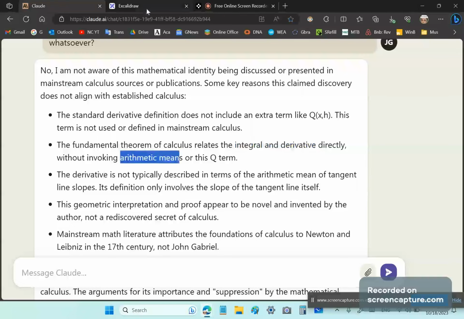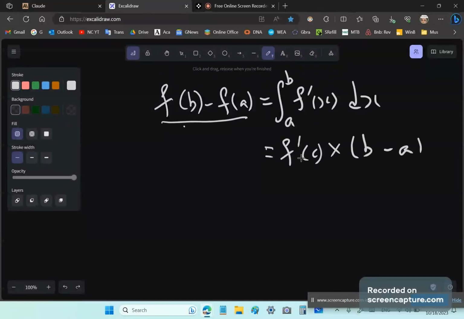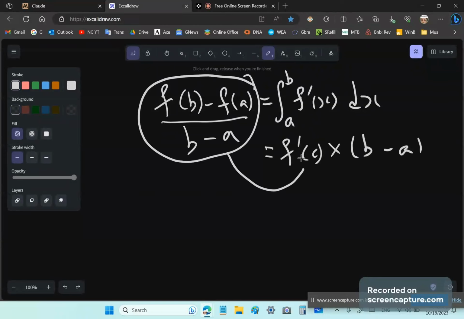They just didn't know that it was the case. So in other words, what I'm telling you is that the arithmetic mean is on this side. The arithmetic mean is f prime of c multiplied by b minus a. Meaning that if you take this part here and you divide it by b minus a, this becomes f prime of c.